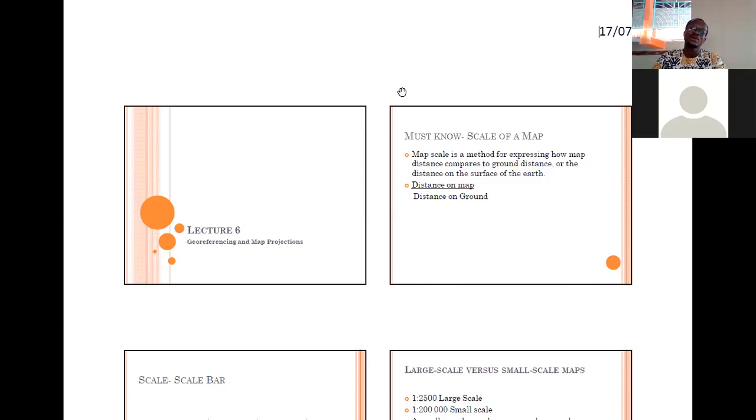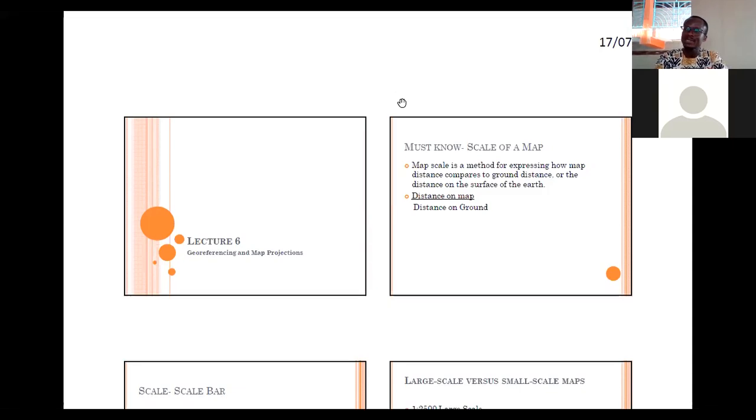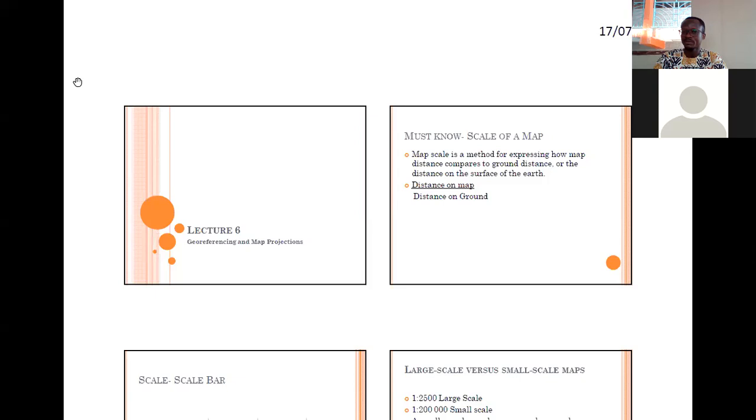Map scale is a very simple formula, but the question to you is, do you understand that simple formula? Distance on map over distance on ground. Very simple. It's not even one of the most complicated formulas I've ever seen, but it's difficult for people to understand it, which is really a shame.